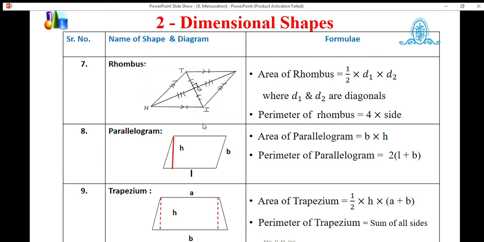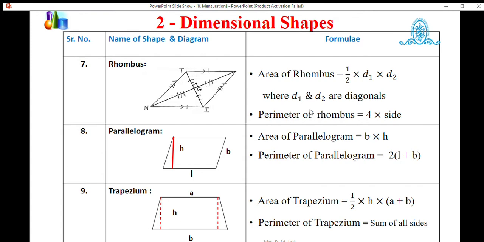Next, the two-dimensional shape we consider is the rhombus. If these are the two diagonals of the rhombus, then for the area of the rhombus, the formula is half into d1 into d2. d1 and d2 are the diagonals of that rhombus.